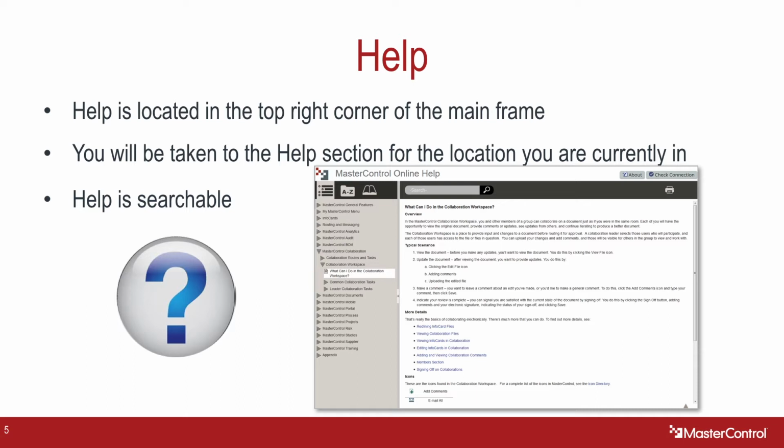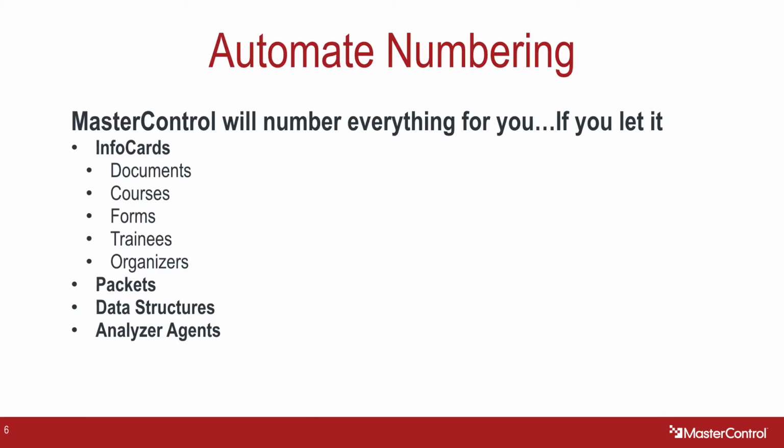But if it's, how do I do this again? Rather than calling support, spend 5 minutes and look at this. And a lot of times your questions can be answered. I know it's not a perfect solution, but it's worth a quick search because, as you know, the help is searchable. It's there. It'll pull back by keyword. It'll pull back through the table of contents. A very good resource for everybody.